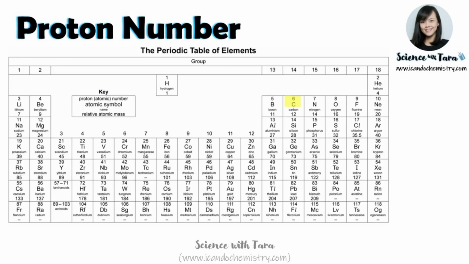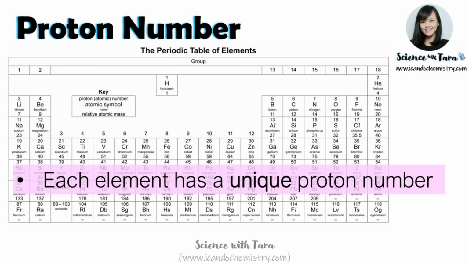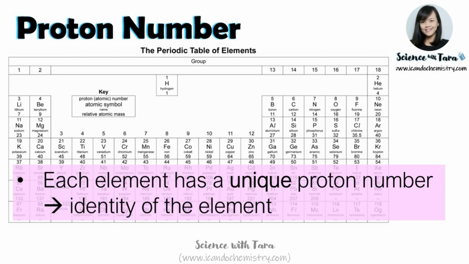For example, the proton number of carbon is 6, proton number of hydrogen is 1, proton number of sodium is 11. Now study the periodic table carefully. Do you realize the elements are arranged in the order of increasing proton number, and each element has a unique proton number? This is important because the proton number determines the identity of the element.